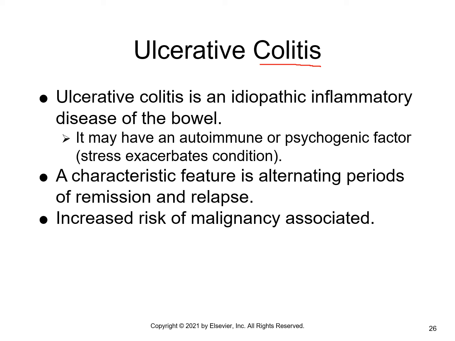So they may do really well for a while, undergo a lot of stress, have a relapse. One of the problems with ulcerative colitis is that it has a highly increased risk of malignancy by about 10 times. Your patients with ulcerative colitis are going to be 10 times more likely to develop a malignancy or a bowel cancer.